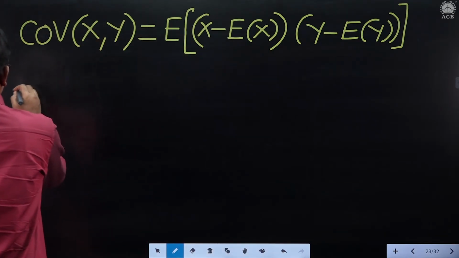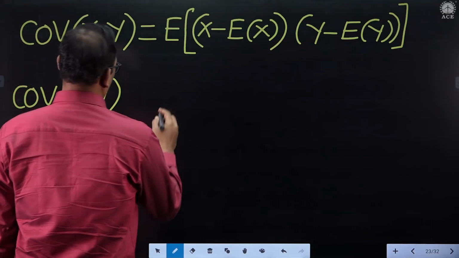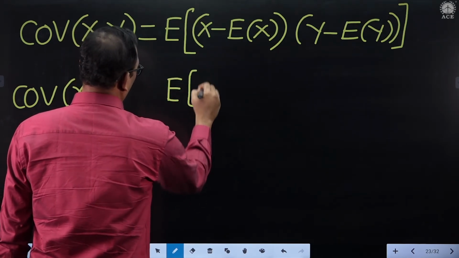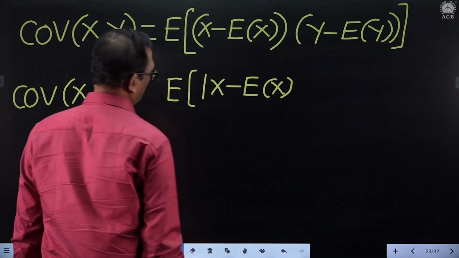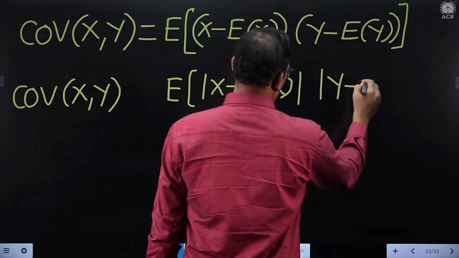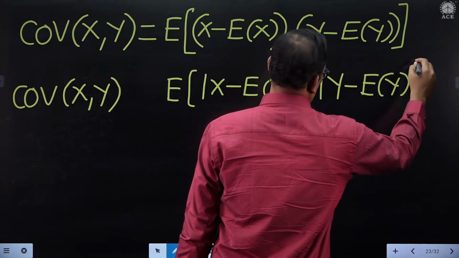But in the problem, we were given it like this: covariance of x comma y is equal to expected value of modulus of x minus expected value of x, modulus of y minus expected value of y.